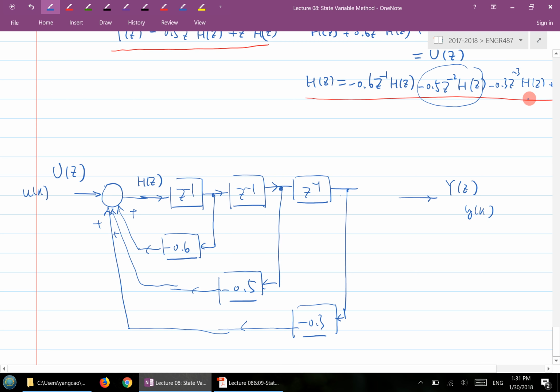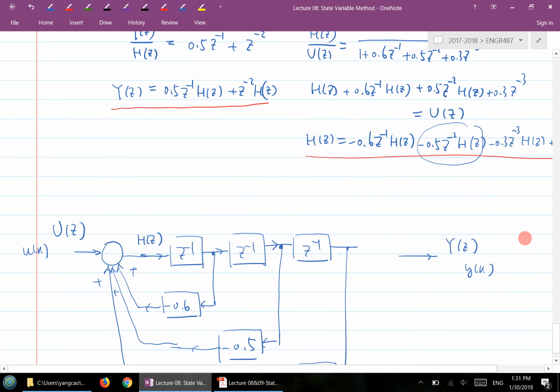Now let's go back to this y over z here. And y over z equals what? Equal to 0.5 times z to the power negative 1 h over z, and z to the power negative 1 h over z, where is that signal? It's here, at this location. So we can use it and then multiply by 0.5.